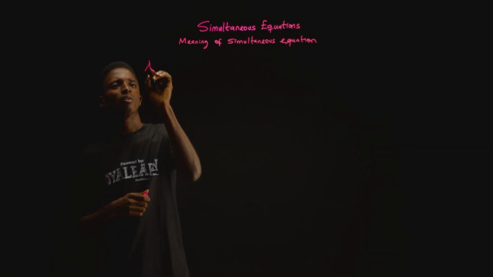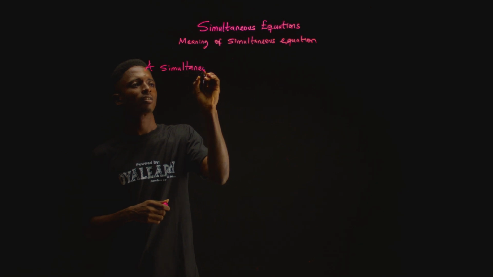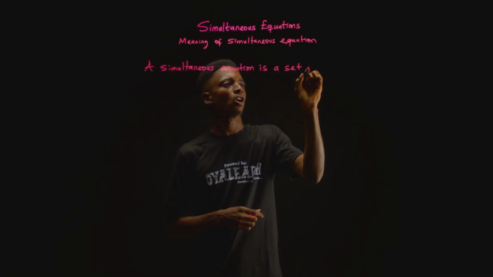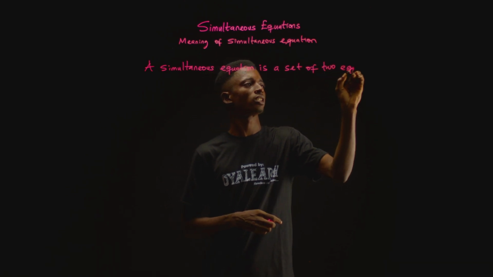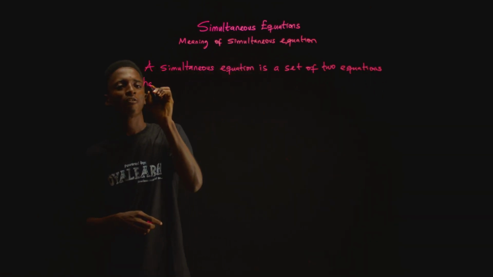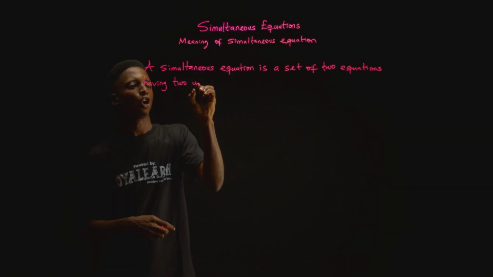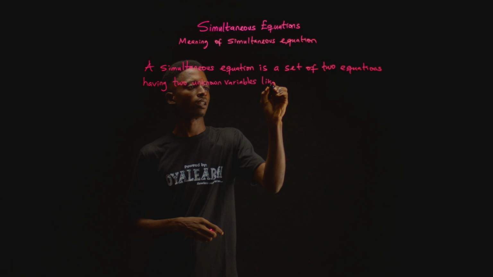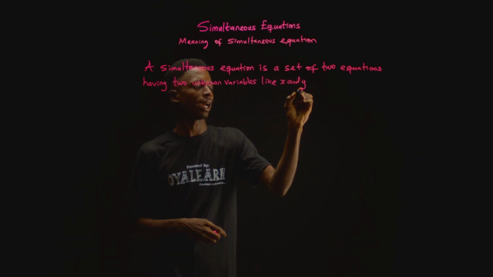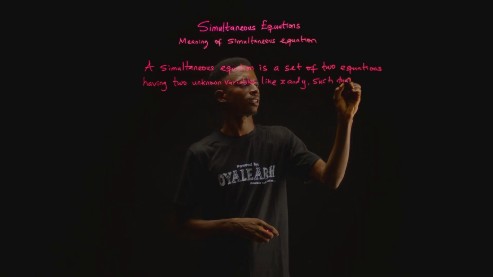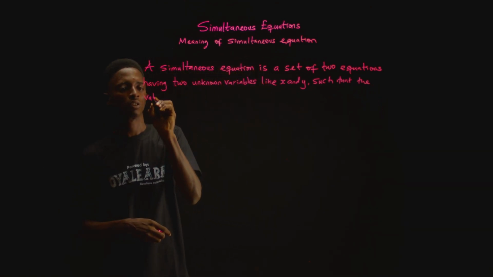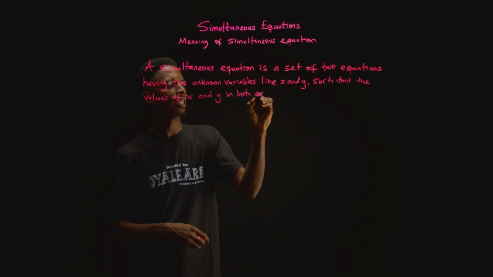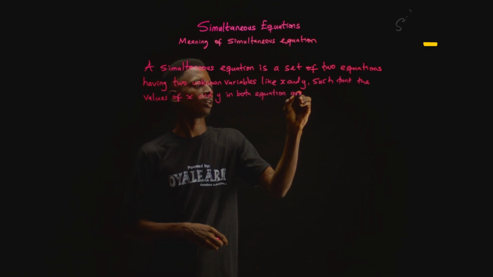Let's put that down. A simultaneous equation is a set of two equations having two unknown variables like x and y, such that the values of x and y in both equations are the same.